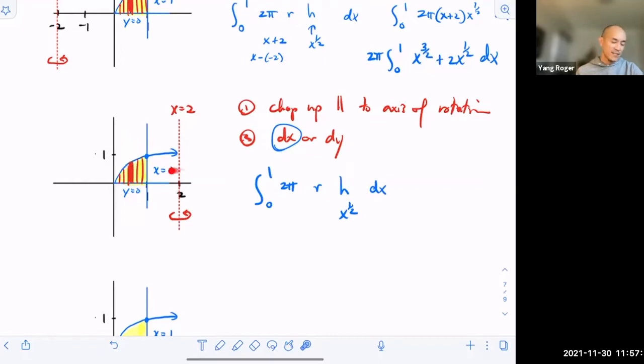I give up. It's not 1. 1 is the distance from here to here. I want the distance from here to here. We got x minus 1, x plus 1.